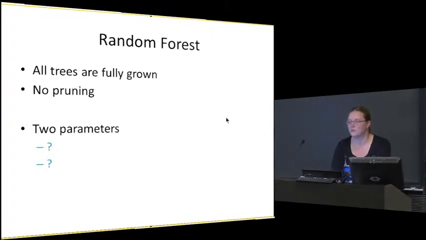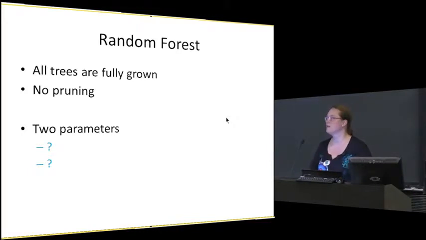What are the only 2 parameters that you should think about if you want to do cross-validation? One I've already said. We've talked about both, more or less. Yes? One is the number of features.